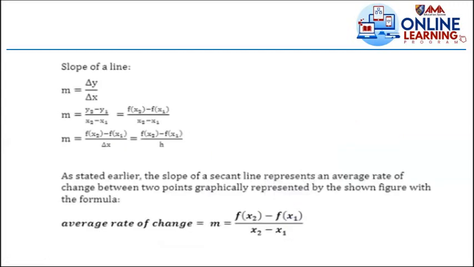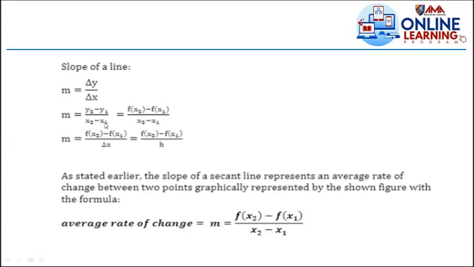Next, we have our formula. m is equal to delta y all over delta x. From our geometry, this is our formula for the slope, where delta y is your rise all over run. Well, delta y is equal to y2 minus y1. Delta x is equal to x2 minus x1.